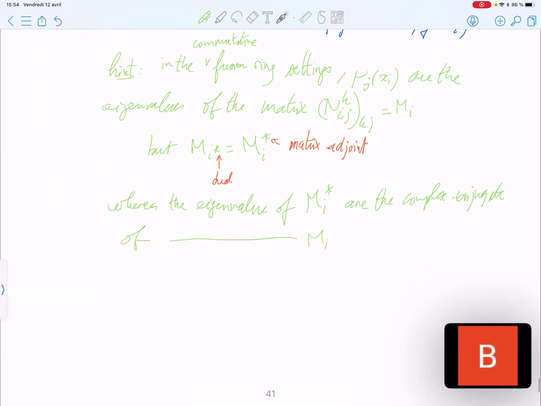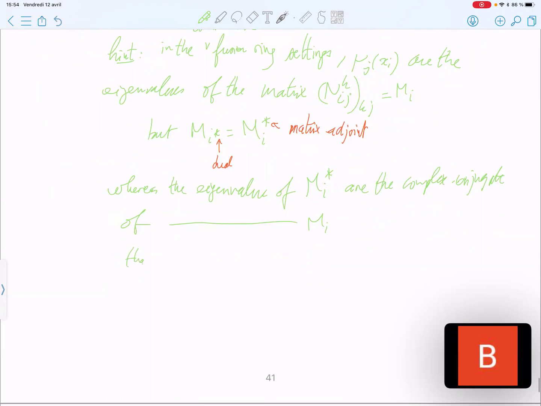That's why mu_j xi star equals mu_j xi complex conjugate.